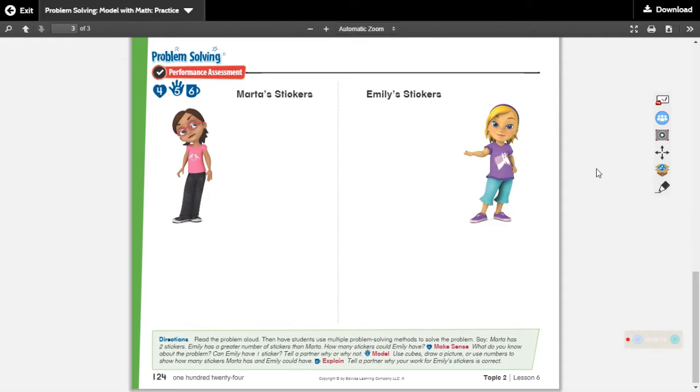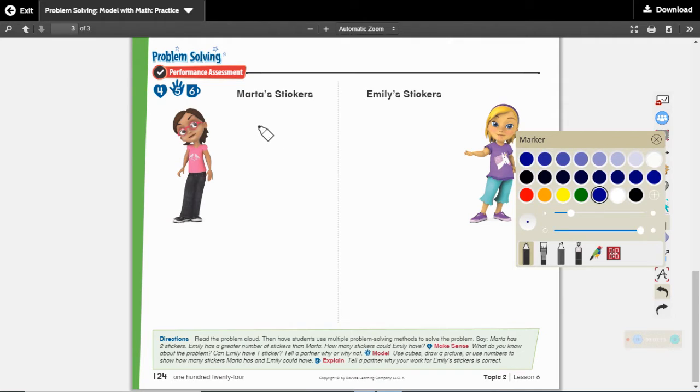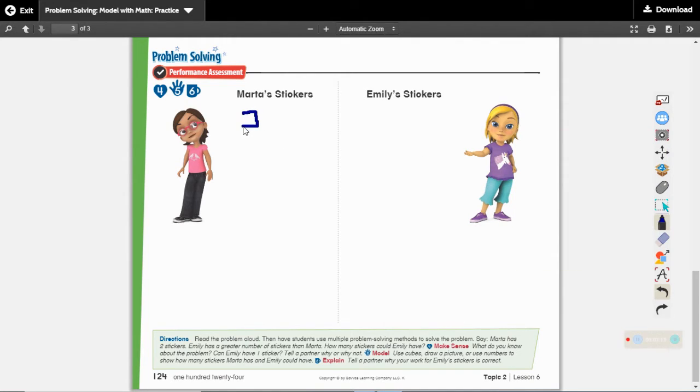For number 4, we're going to look, and Malta has 2 stickers. So we're going to go ahead and draw 2 stickers for Malta. I'll help you with that. 1, 2. Malta has 2 stickers.